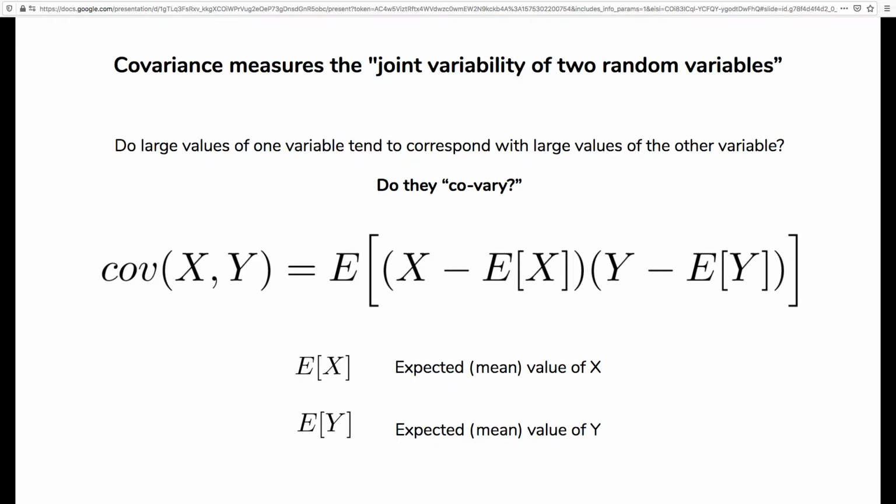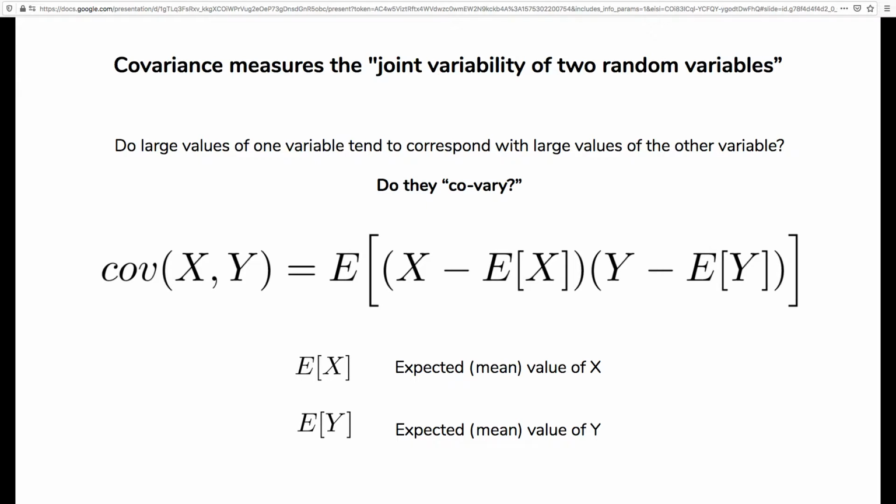For those that are more familiar with the mathematical syntax, you might appreciate this right off the bat. For those that aren't, it's actually fairly straightforward. We're going to walk through how you calculate covariance by hand in R using some toy x and y data points. But if you're not super familiar with the mathematical syntax, really the only thing to keep in mind here is this big E of x or big E of y syntax. The big E symbol basically just stands for the expected value.